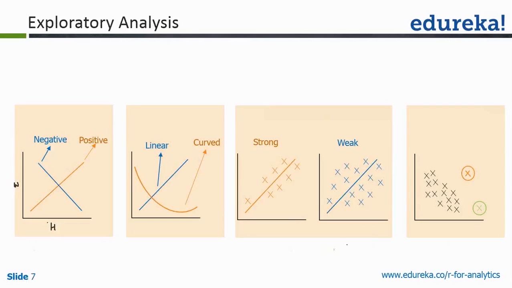The first point is that sampling is absolutely important, so do a proper sample. Once you are done with sampling, try to find whether the relationship between variables is positive or negative, what the shape of the relation is, what the strength of the relation is, and the impact of outliers in your data, and so on.